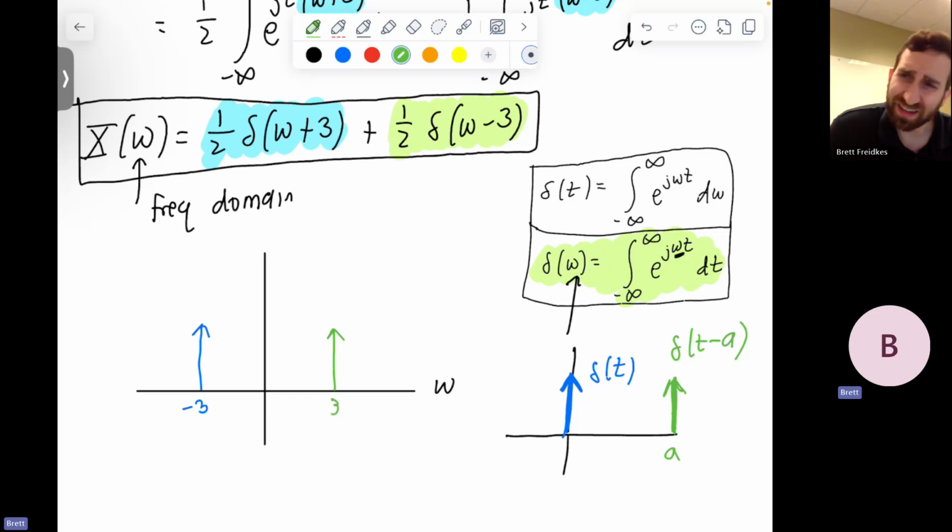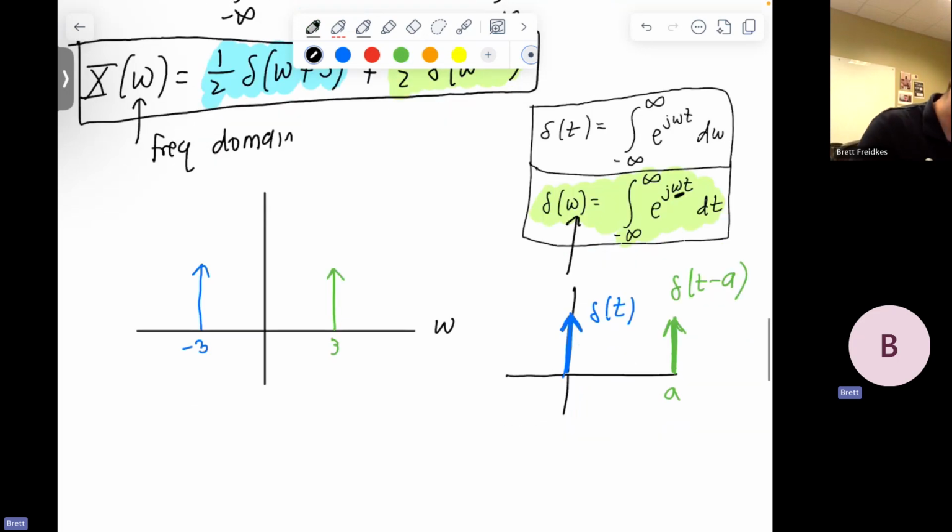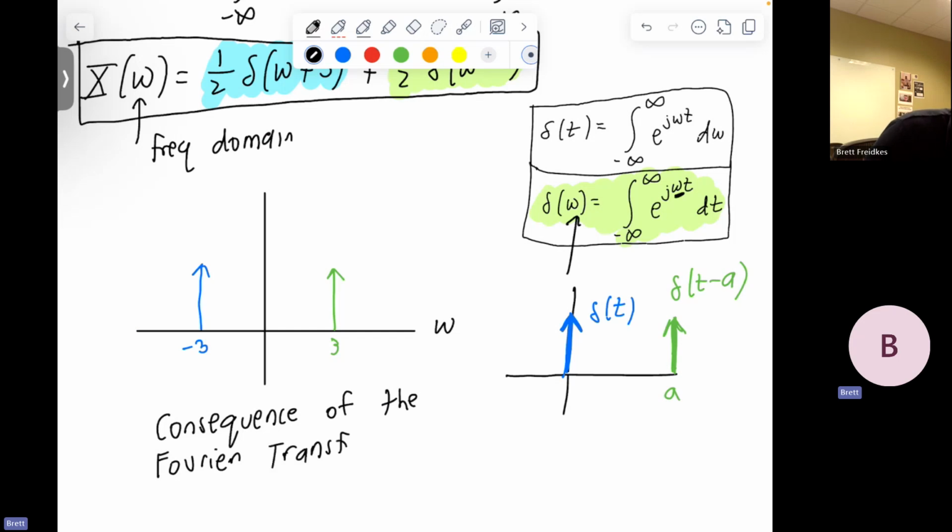And this is interesting. We predicted originally that we would have some sort of presence at omega equals 3, but we also have a presence at omega is equal to negative 3. This is a consequence of the Fourier transform because we are integrating from negative infinity to infinity, not 0 to infinity.